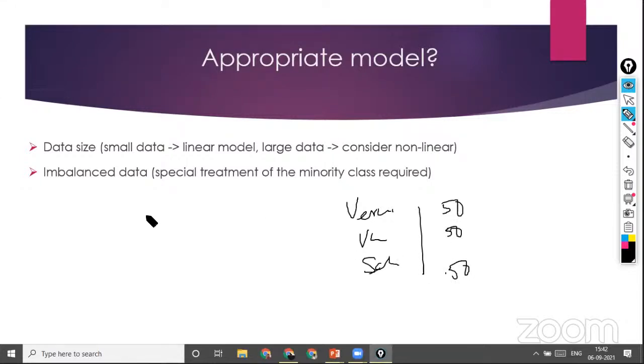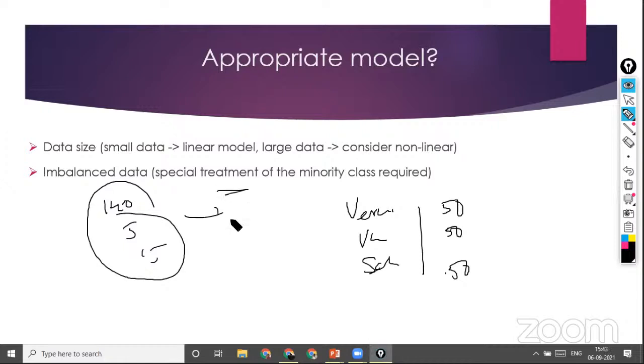Assume that you got an imbalanced data set, like versicolor is, say, 140, and you have 5 each of virginica and setosa. This is actually an imbalanced data set. When you try to build a model using this data set, most of the time you'll be getting an accuracy of 98%, because you can see that the particular class label versicolor is having 140 samples.